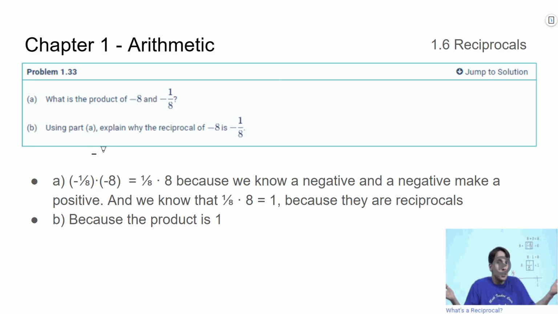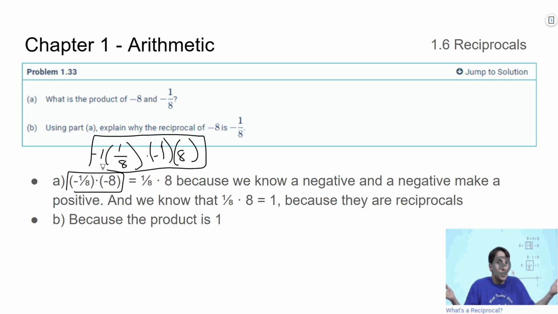-1 over 8 is the same thing as -1 times 1 over 8, right? Times -1 times 8. So we know that these are equivalent.